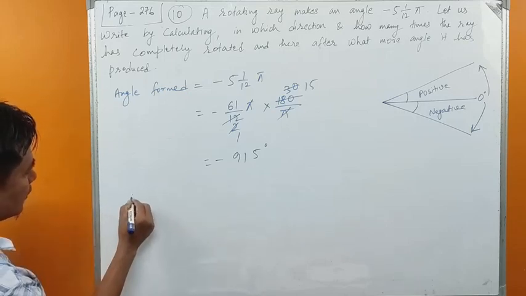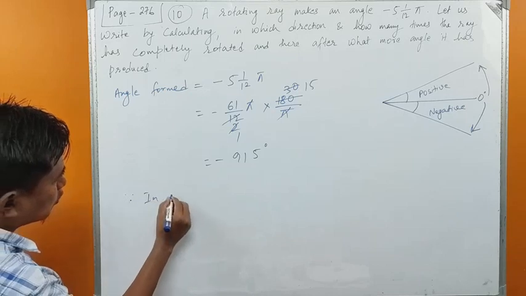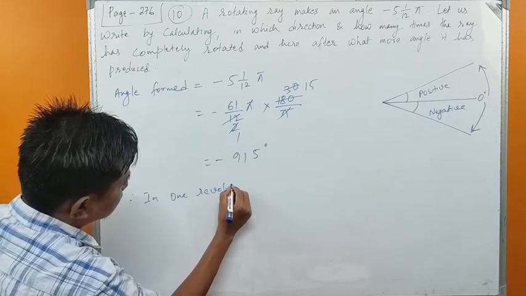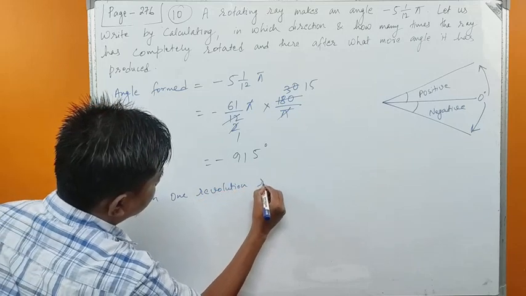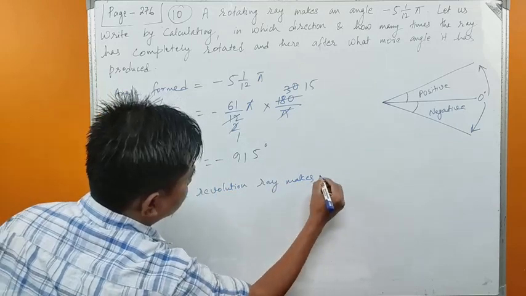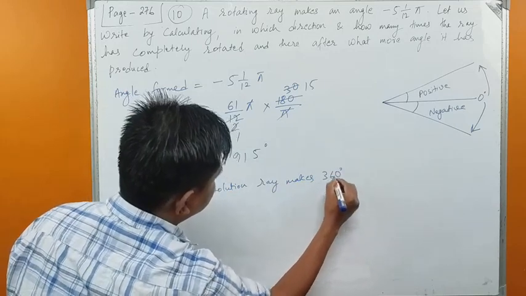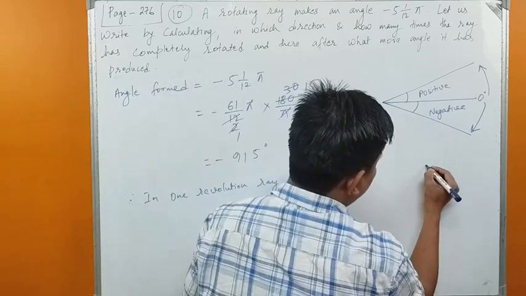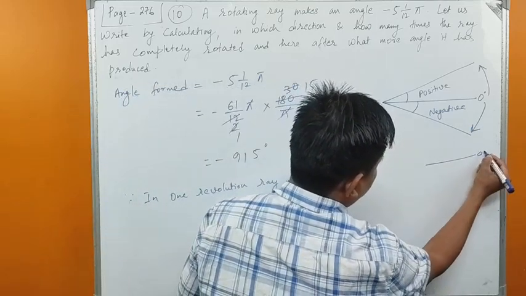Since in one revolution the ray makes 360 degrees, this is 0 degree.